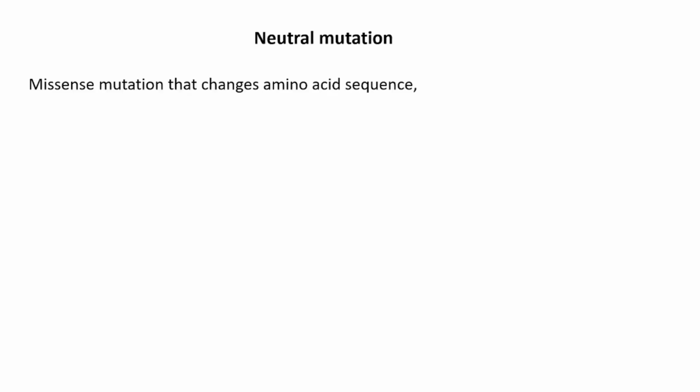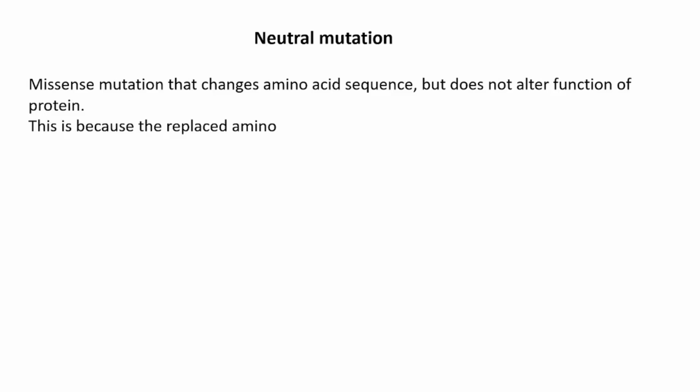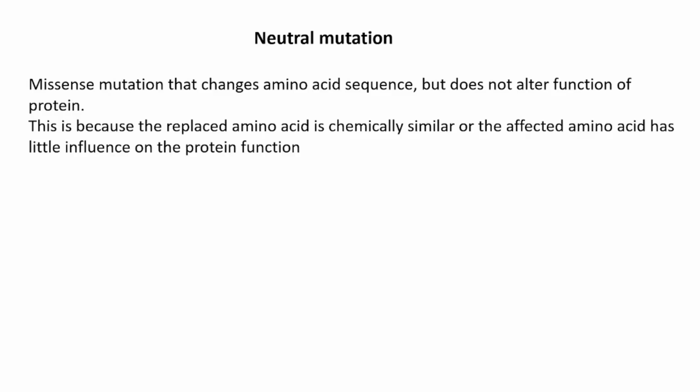A missense mutation that changes the amino acid sequence but does not alter the function of the protein is called a neutral mutation. This is because the replaced amino acid is chemically similar or the affected amino acid has little influence on the protein function. For example, in the normal gene, CUU codes for leucine.